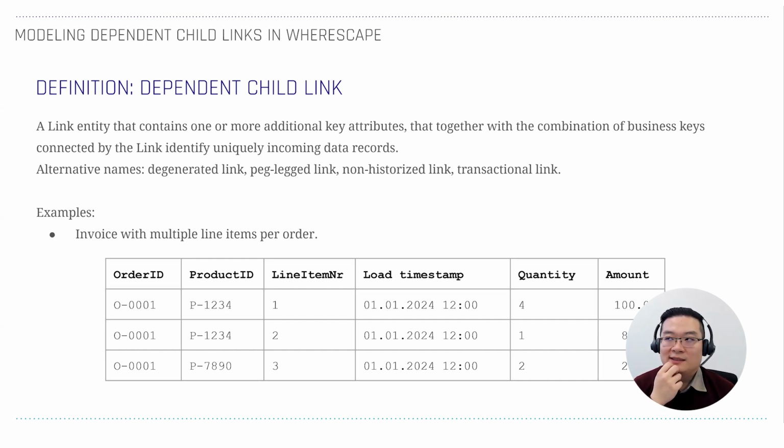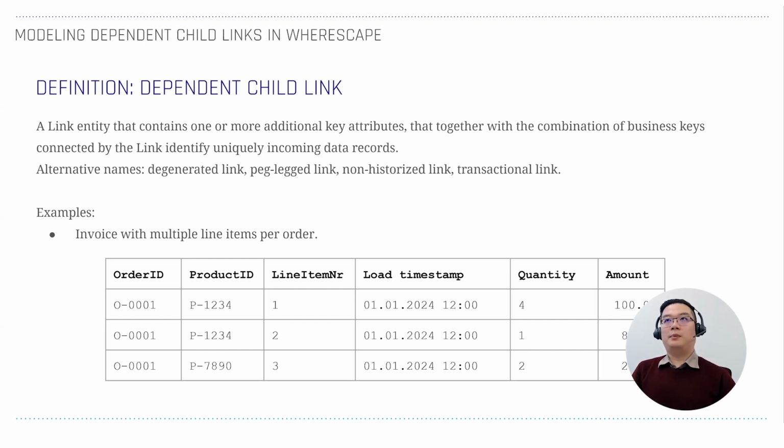However, in some cases, if not most cases, this alternate key doesn't really have a business meaning outside of the relationship with the other business keys. So it cannot stand alone. That is the reason behind the name for that attribute: it's called the dependent child key. It is dependent on the parent, the business keys, on the primary keys to the other objects.